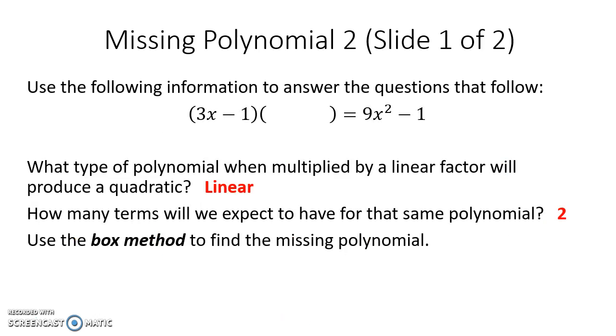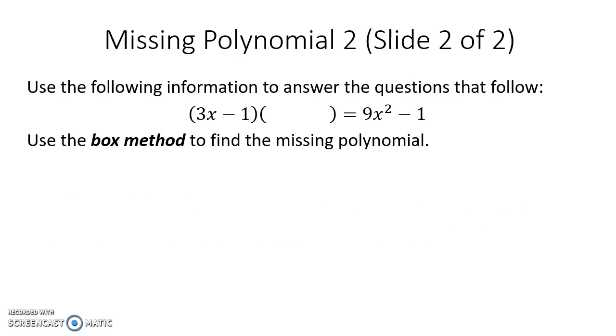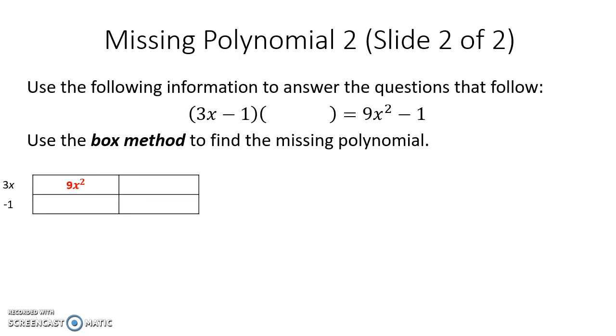Now we want to do something similar with missing polynomial 2. So again, we have a linear factor, and we want to know what we need to multiply by to give us a quadratic. So we know it's got to be linear, and we know a linear factor has two terms. So let's go ahead and set up our box the same way we did with the first one.